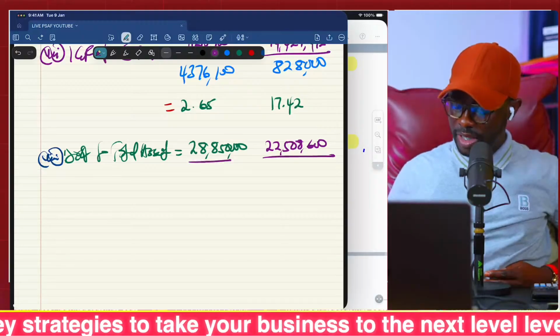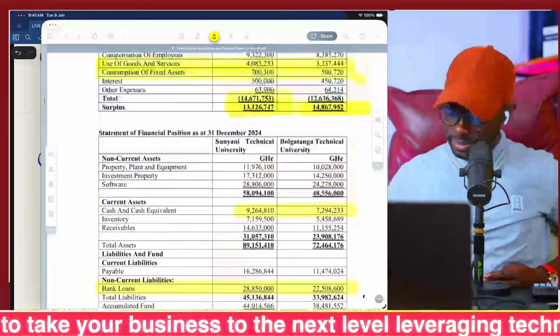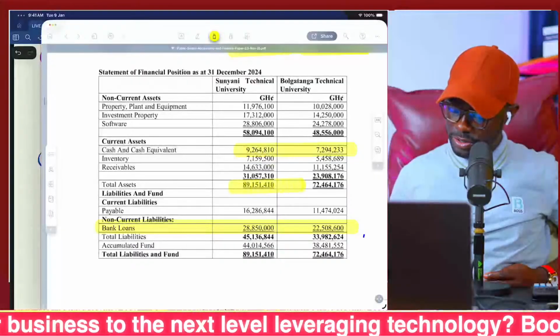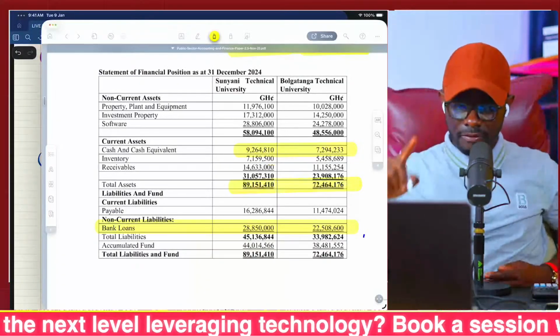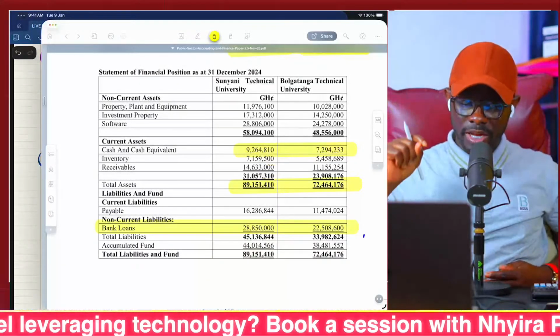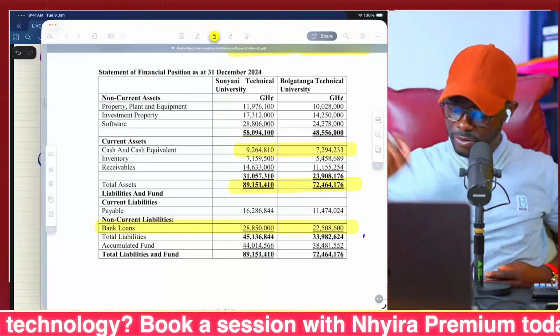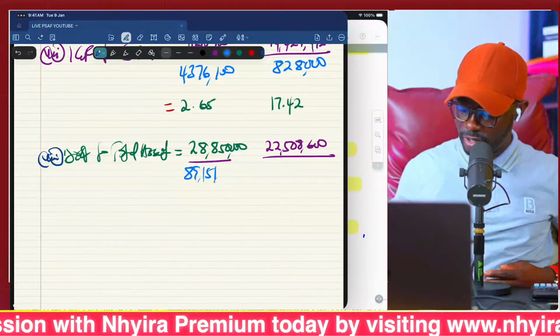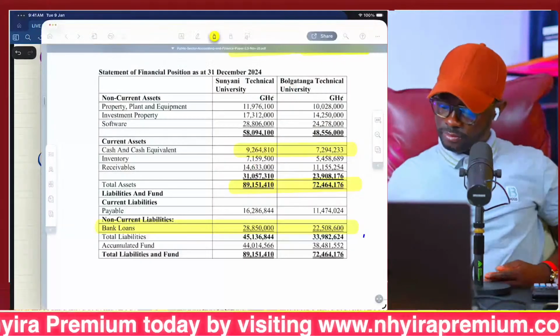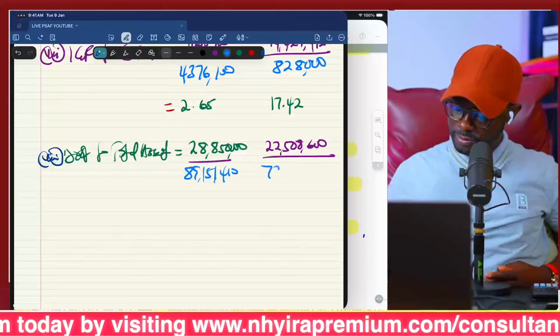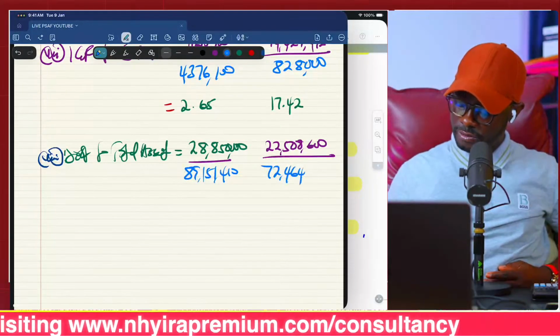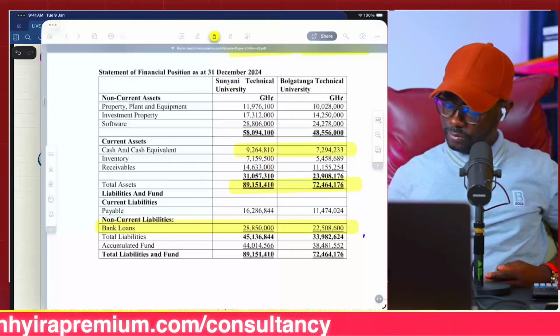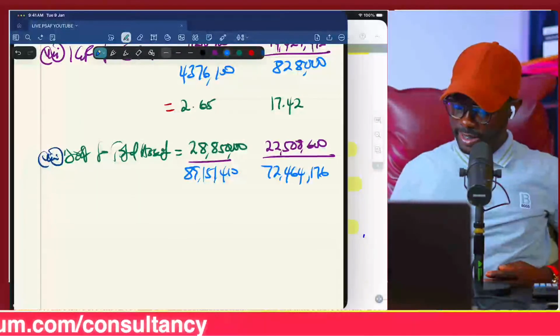So we divide that by the total assets. Total assets, you can see total asset here, 89,151,410, 72,464,176.